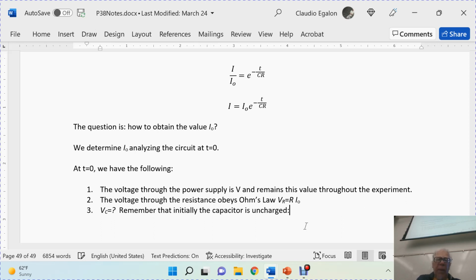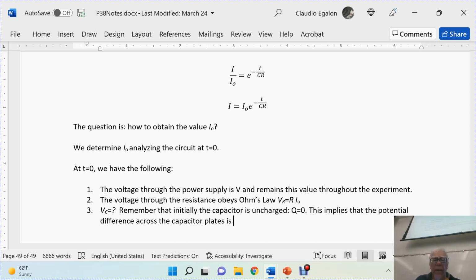What does it mean the capacitor is uncharged? You know, Q equal to 0. That's what it means, because this implies that the potential difference across the capacitor plates is 0. Make sense?